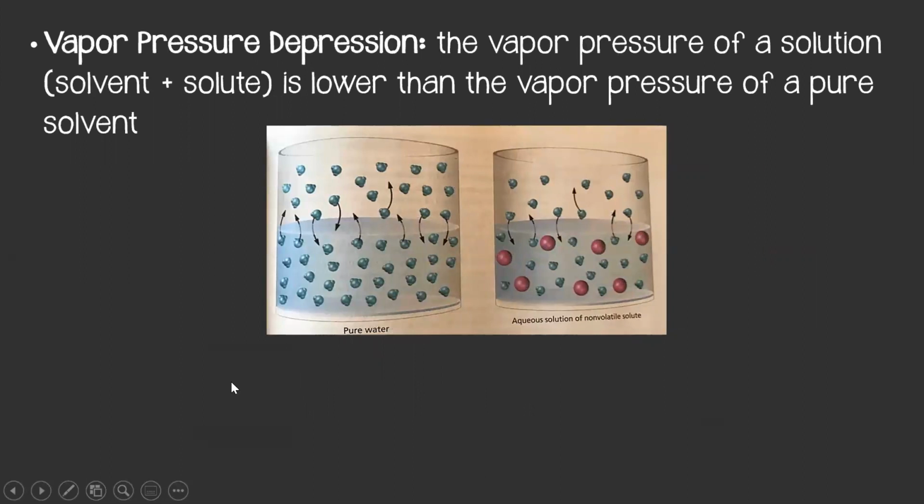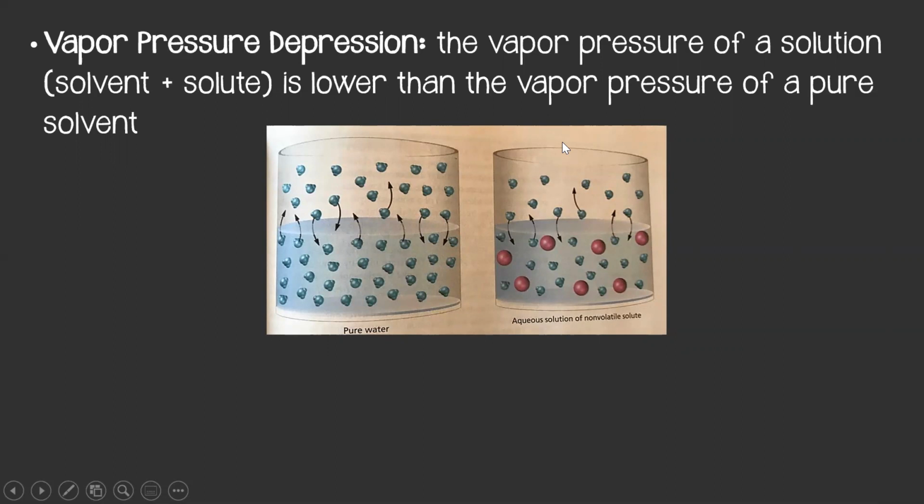So the actual definition of our colligative property, vapor pressure depression, says the vapor pressure of a solution, which as I said is a solvent and a solute combined, is lower than the vapor pressure of the pure solvent. And it makes sense because it's vapor pressure depression. Depression means to go down, to lower, and that's exactly what the definition says.